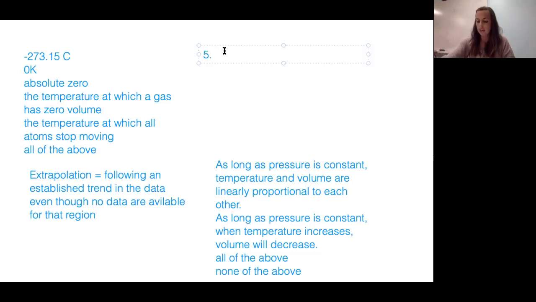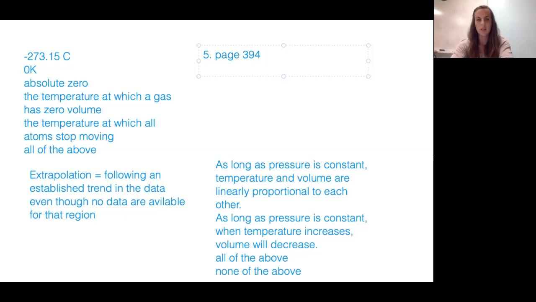That's on page 394 in your book. Okay, so the test is going to ask you which of the following is a property of an ideal gas, so you have to be able to identify that.